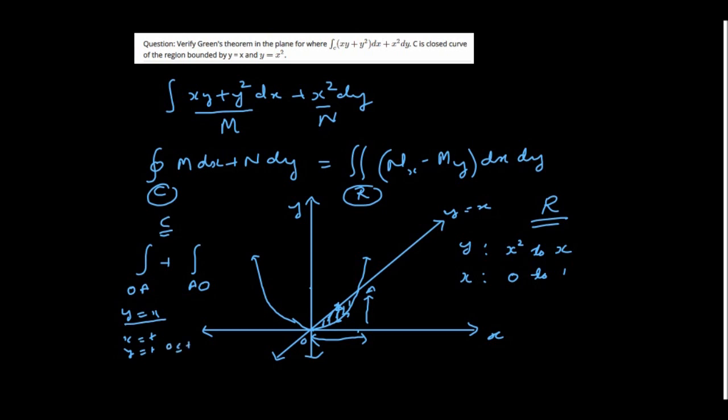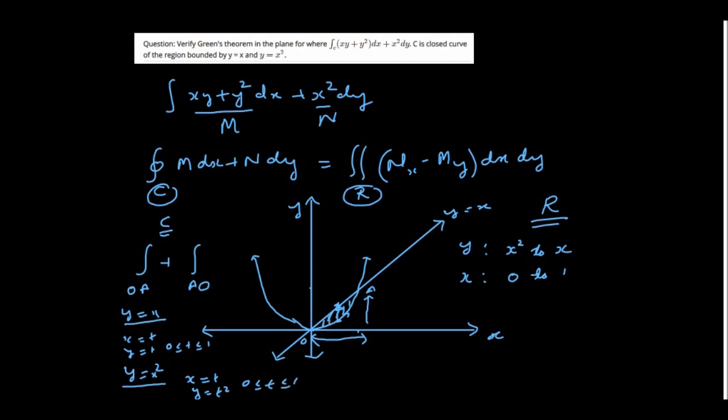We can use the usual methods to find the parameterizations. And for the curve y equal to x square, we can take the parameterization x equal to t, and if you give x equal to t, you will get y equal to t square. In a similar way, to get the portion of the curve, you have to give 0 less than or equal to t less than or equal to 1.